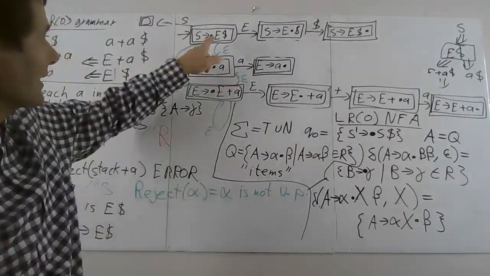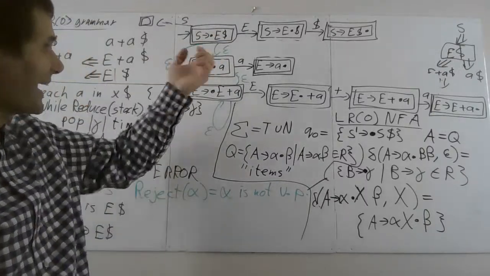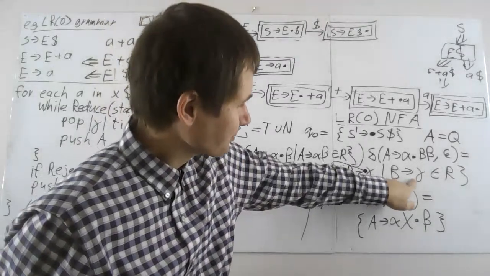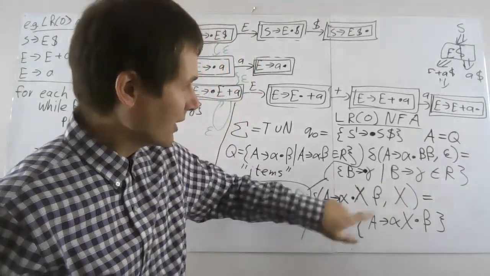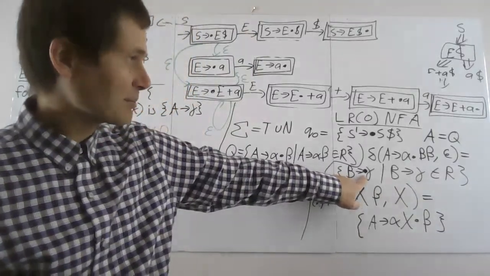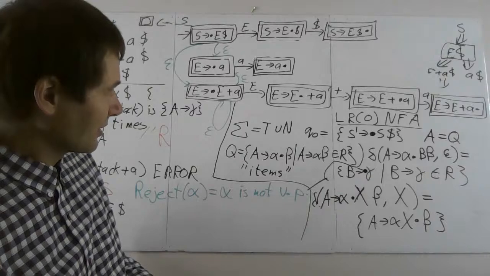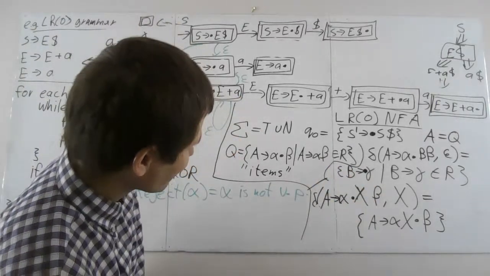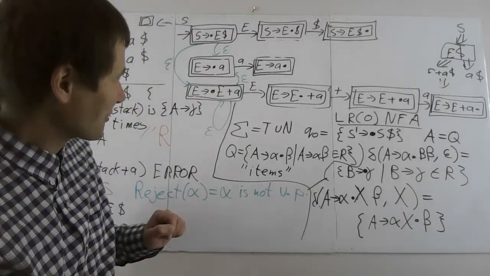Anytime the dot is before a non-terminal, you add an epsilon transition to every production rule that expands that non-terminal, and you want to go to the beginning of that production rule, so the dot is at the beginning before the gamma. I guess this part got kind of messy, sorry about that.